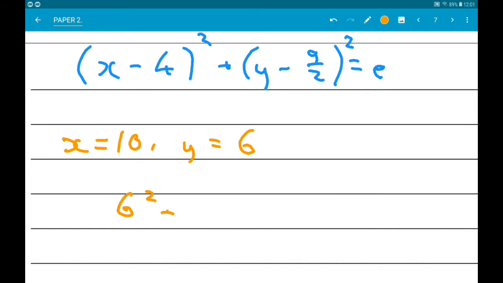Add 6 minus, now I'm going to think of 9 halves as 4.5. So 6 minus 4.5 is 1.5.